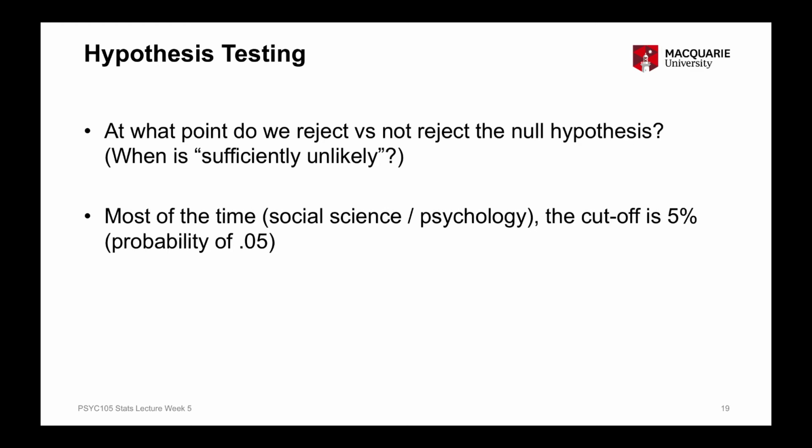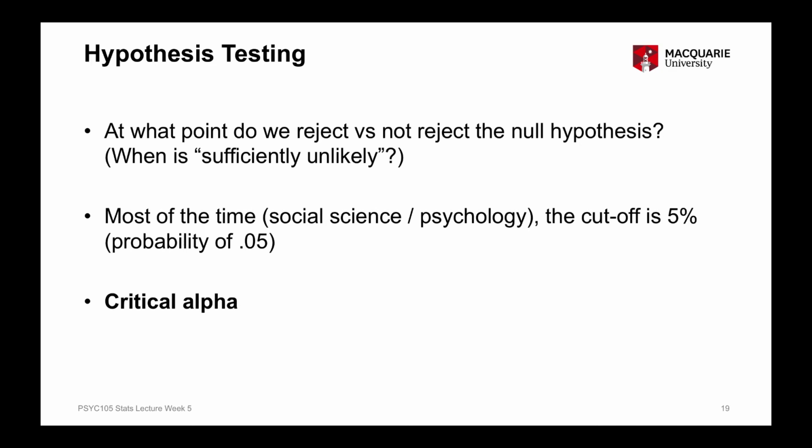So if the p-value that we get from the statistical test that we run is 0.05 or smaller, we conclude that we have a statistically significant effect. Therefore, we reject the null hypothesis and we proceed as if the alternate hypothesis, the research hypothesis, is true.